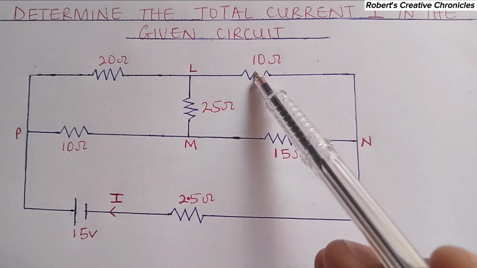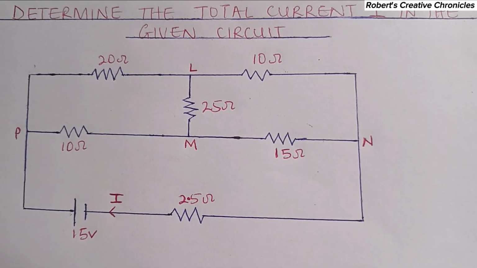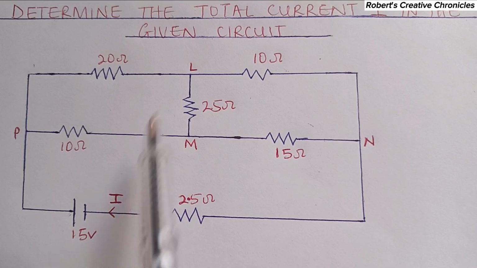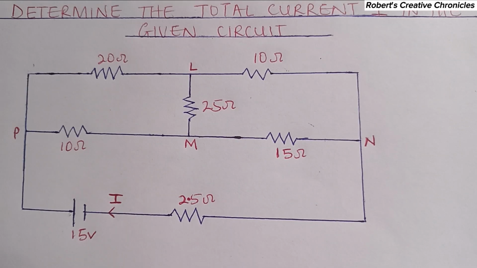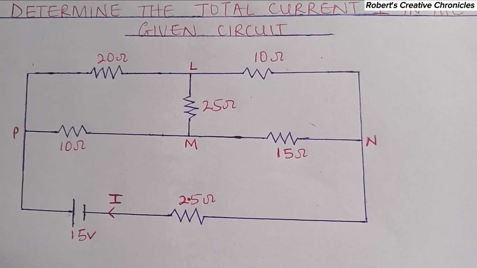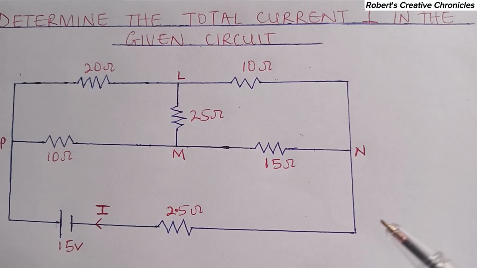But if you can convert it to a star network now, it will be like this. We will easily know the one that is in series and the one that is parallel. Star networks are easier to analyze than delta networks. So that will help us to easily find the equivalent resistance.